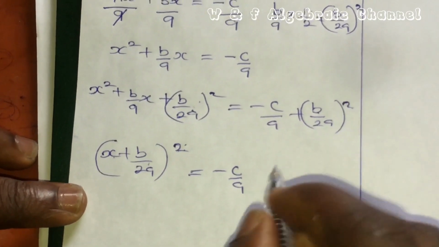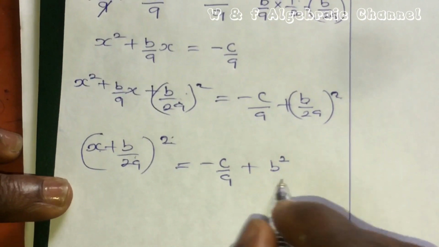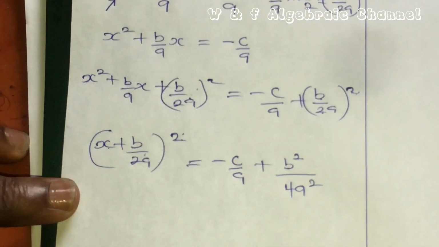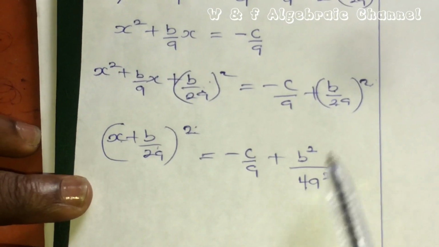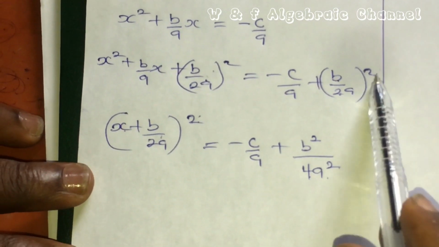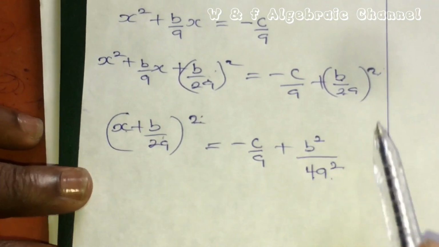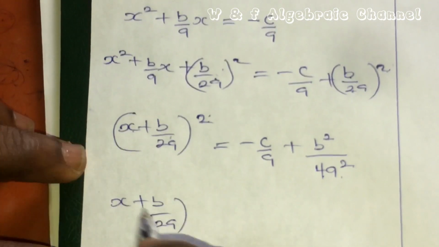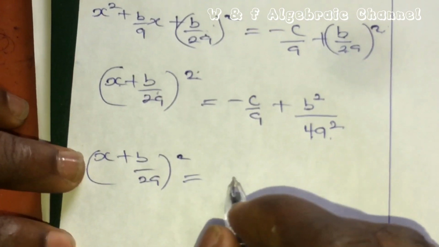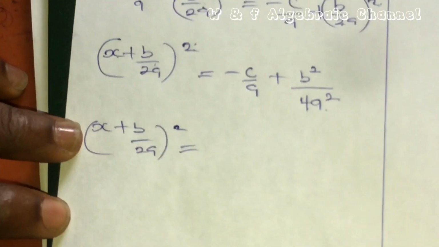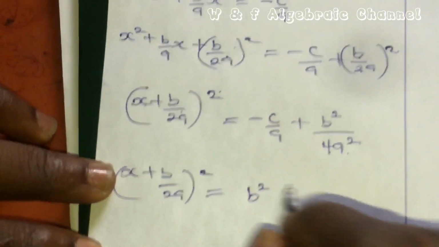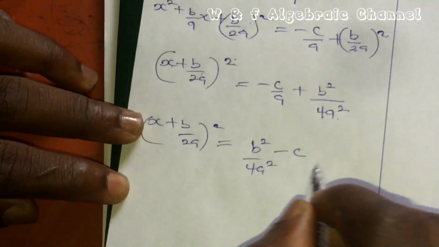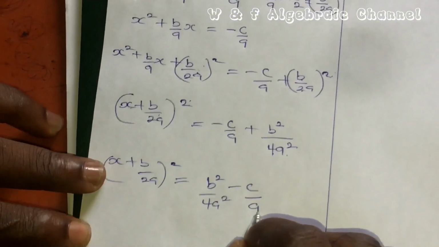Then b squared will now be b squared all over 4a squared, because the square is affecting everything in the bracket. Now we have x plus b all over 2a all squared equals b squared all over 4a squared minus c all over a.